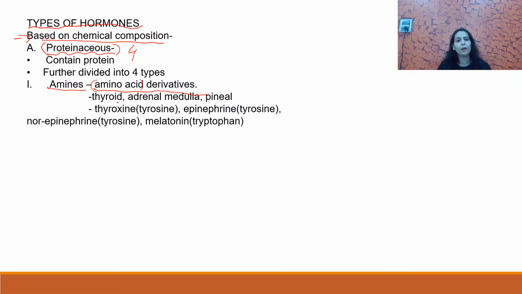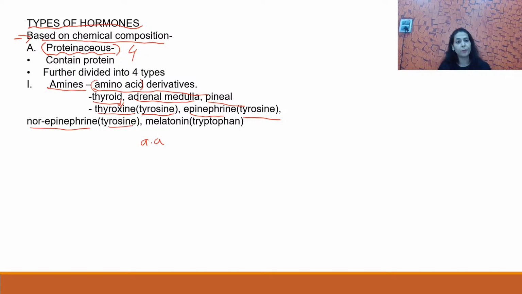For example, thyroid gland produces such hormones, adrenal medulla produces such hormones, pineal produces such hormones, right? We are writing the examples now. Thyroxine. Thyroxine is produced by thyroid and it is a derivative of tyrosine. Tyrosine is an amino acid. Epinephrine, again formed from tyrosine.